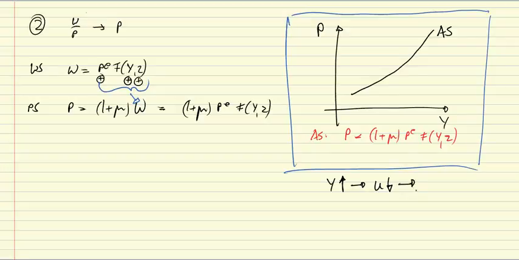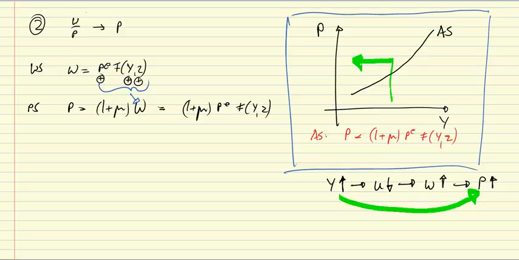And the decrease in the unemployment rate leads to an increase in nominal wages, which leads to an increase in prices. So causality runs from Y to P. We can mark that with the green arrow here. Causality for the AS curve runs from Y to P.